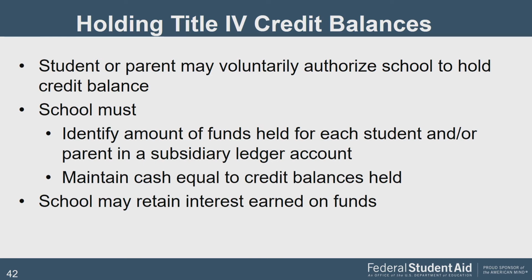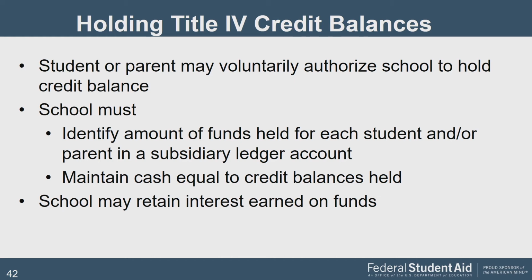I mentioned in the authorizations that a student or a parent can give you authorization to hold credit balances. That's a voluntary situation, so at any time, a student or a parent can change their mind. If they give you authorization to hold that credit balance in your bank account, you have to make sure you can identify that specific amount for each of your students.